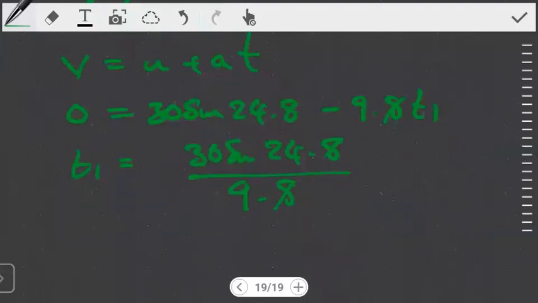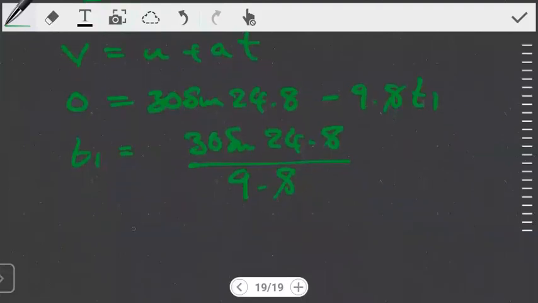Here I'm a little bit quicker because these are the same methods we used in the earlier question, so you should be able to work them out if you saw that. So t1, the time up to the maximum height, comes out as 1.284 seconds.